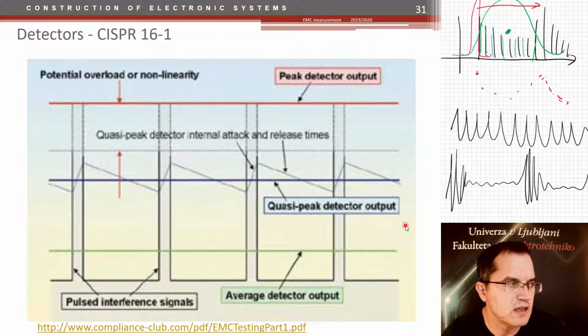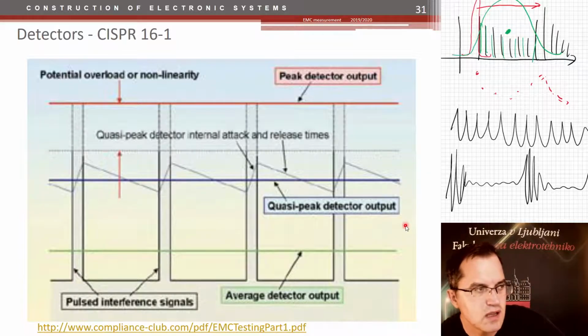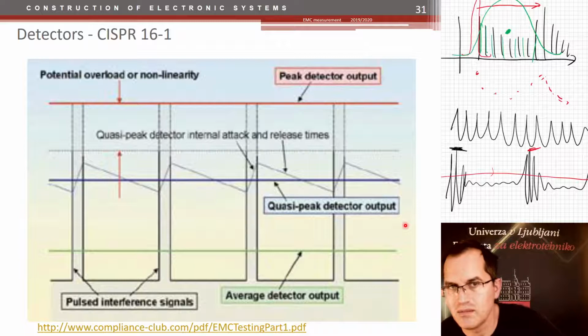If you go to this burst noise, you will have a really large peak value and a really low average value. So if you measure just the average value, then you would not get much. But this noise is still acting on the other electronics, so you have to know the peak value as well. Therefore, we measure both.